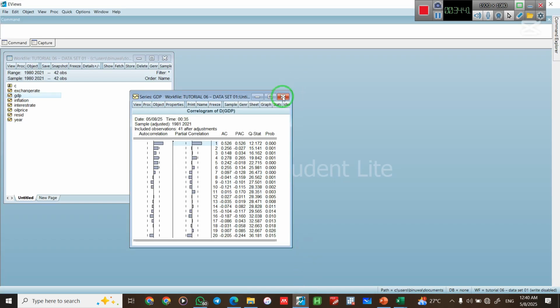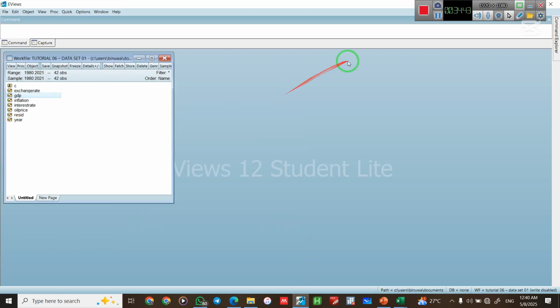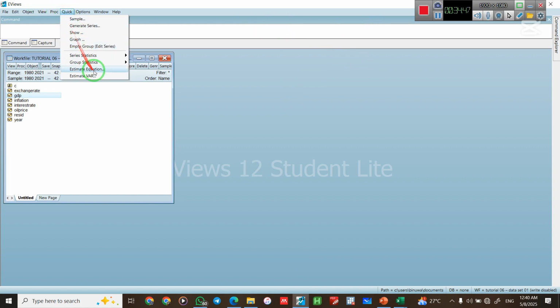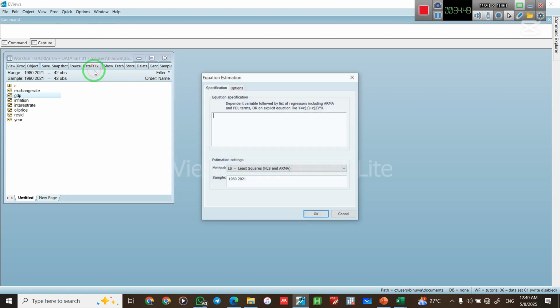I will close this sheet. Then I will first go to Quick, then click Estimate Equation. Firstly I will type DGDP.